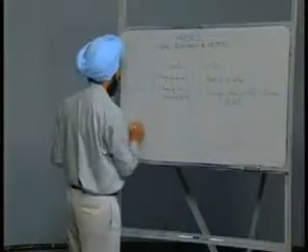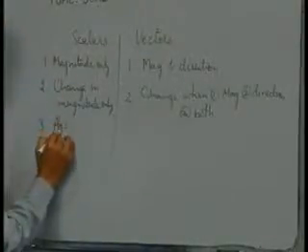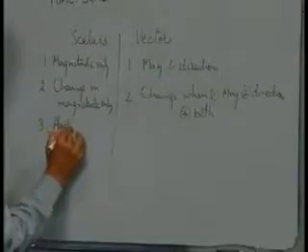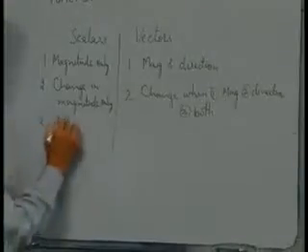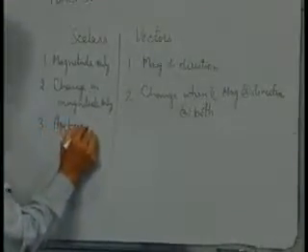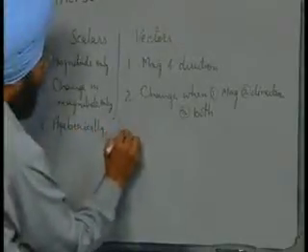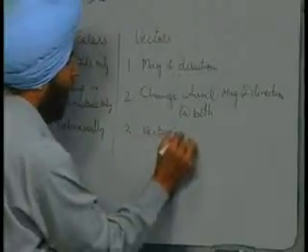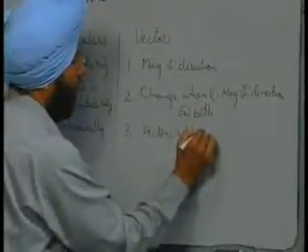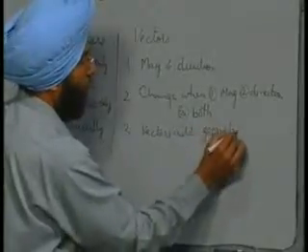Third point is, scalars add following the rules of algebra. Vectors add geometrically. We use geometry to add vectors.